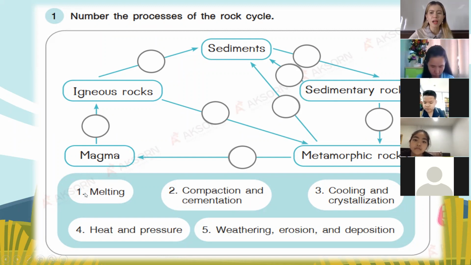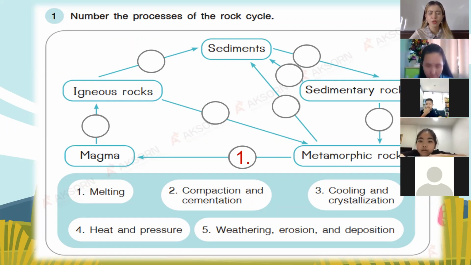So number 1, class. Where are we going to write number 1, which is melting? Is it in between igneous rock and magma, or in between magma and metamorphic rocks? Magma and metamorphic rock. Very good. So you are going to write number 1 there.